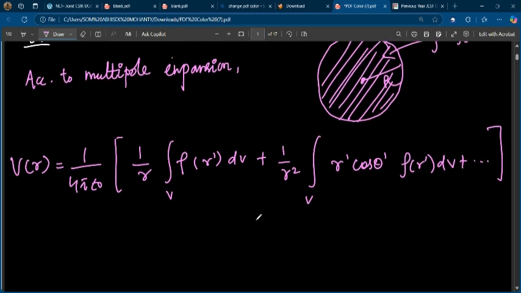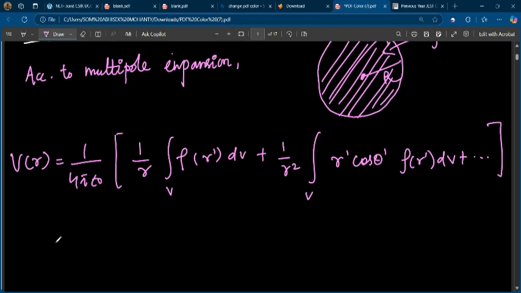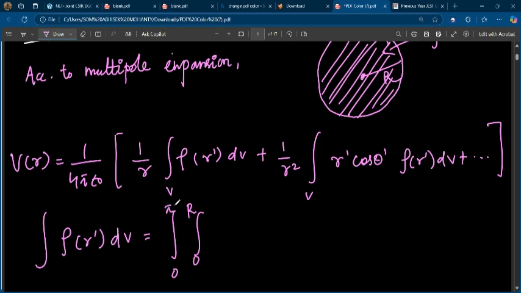Okay, so first let's calculate this term, because that is the question. Let's find out the integral of rho(r dash) dV. How to calculate this one? 0 to r is for the spatial coordinate r, 0 to pi for theta, and 0 to 2 pi for phi.